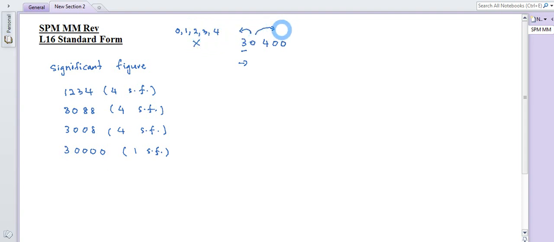If you have 5, 6, 7, 8, 9, you need to add 1. So the rest just becomes 0, 0, 0, 0. In this case, we only have one significant figure.